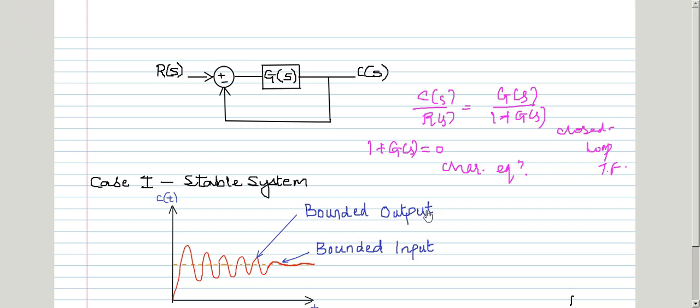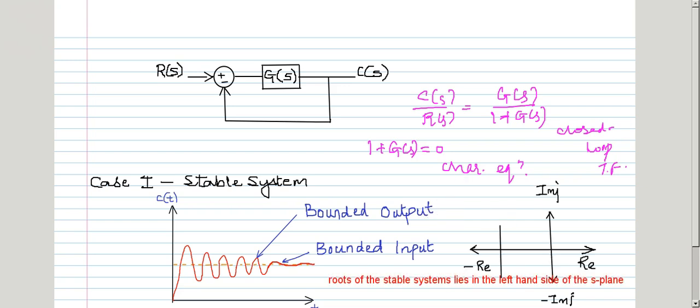For such a system, the roots of the characteristic equation lie on the left hand side of the S plane. Here we can see that this is the real axis, the positive real axis. This is the negative side of the real axis. This is the positive imaginary axis, and this one is the negative of the imaginary axis.